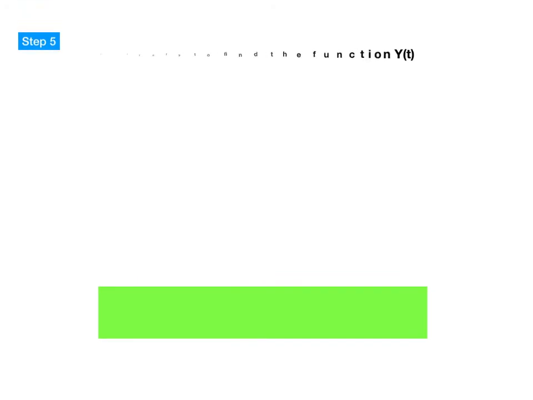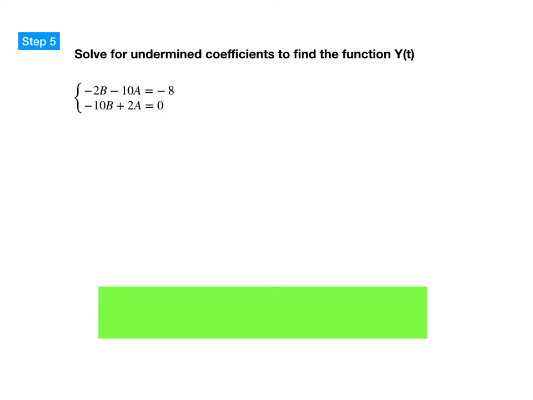So the next step is to solve for the undetermined coefficients to find the exact function big Y of t. From the previous slide, we formed these two equations, which form a system of two linear equations with two variables a and b, and we can solve for a and b.